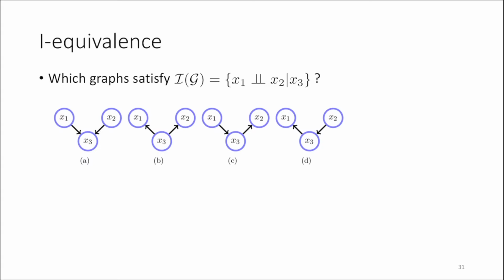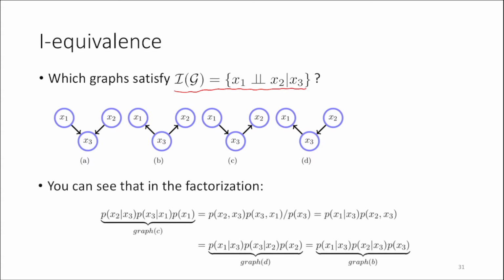So let's say this is the I-map of the G. I'm looking for a graph that satisfies the set of independences as follows. If I condition on Z, X and Y should be independent. Now the question is, which of these three graphs satisfy this condition?